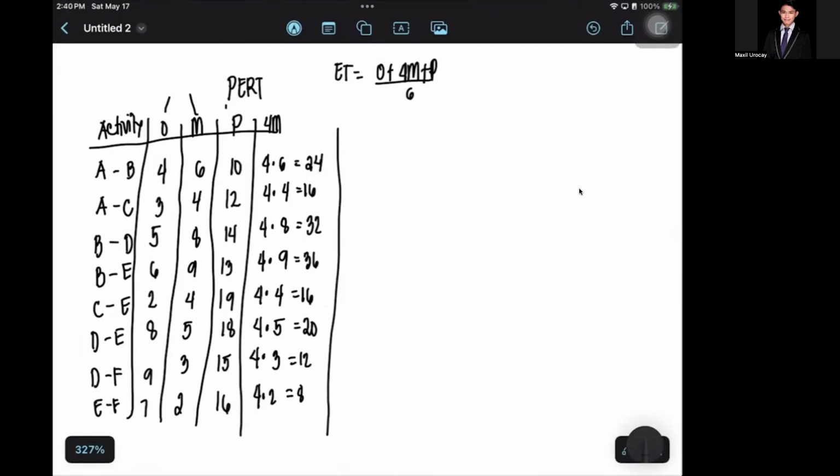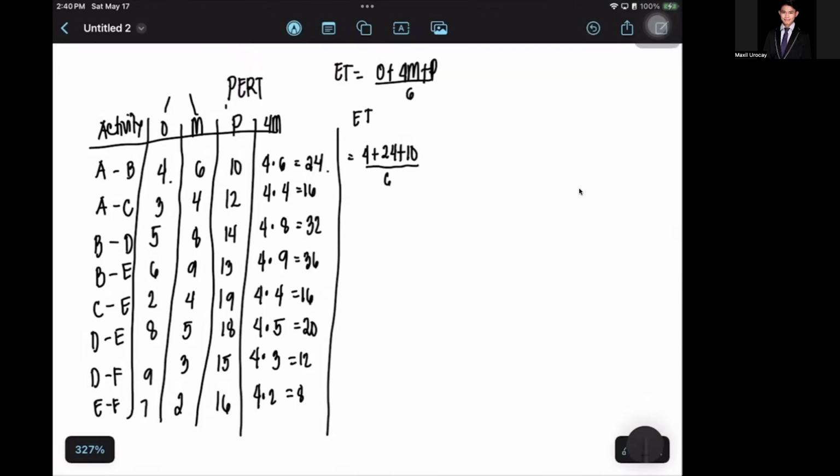And now we will get the expected time using that formula. Since we have the 4M already, it will be basic for us to identify. In this process, we calculate 4 plus 24 plus P, because this is your O, this is your 4M, and this is your P, divided by 6.